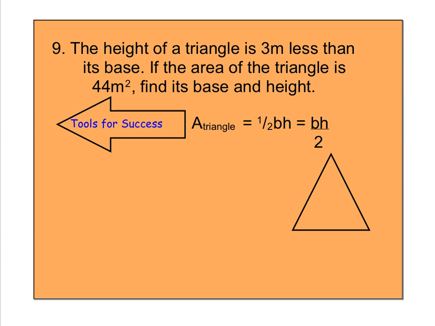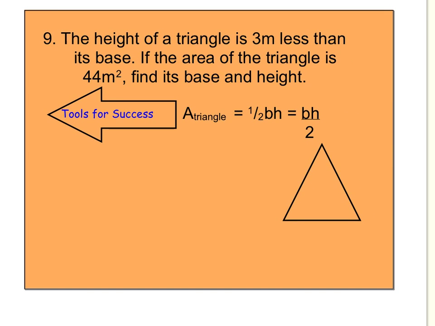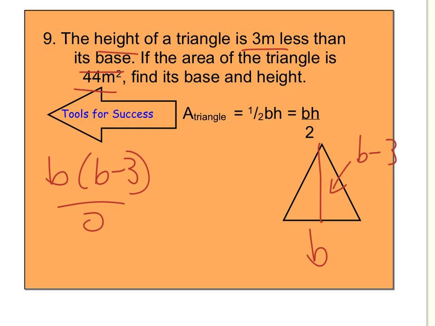So if I look at the area of a triangle is 44, and the height is 3 millimeters less than the base. So if I go base, this is going to be b, and the height is b minus 3. So this is going to be b times b minus 3 divided by 2 equals 44.